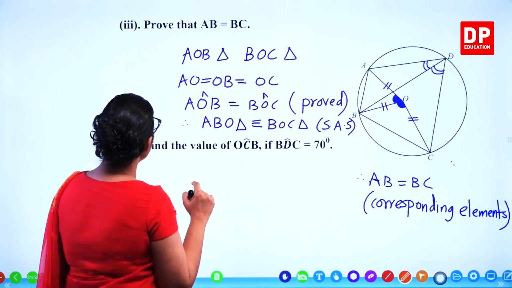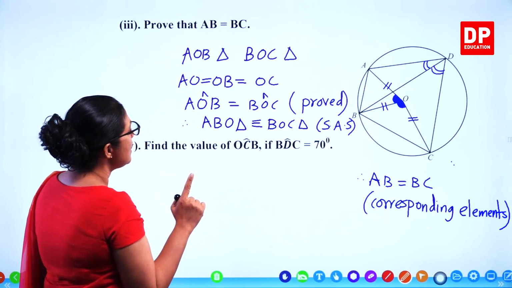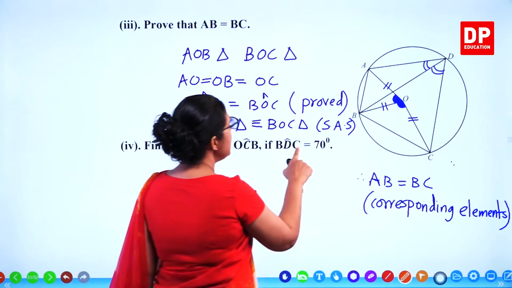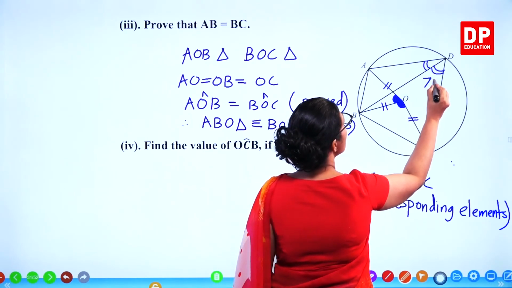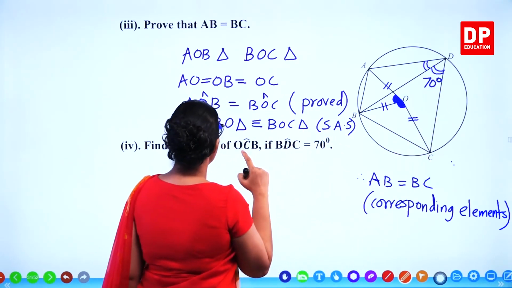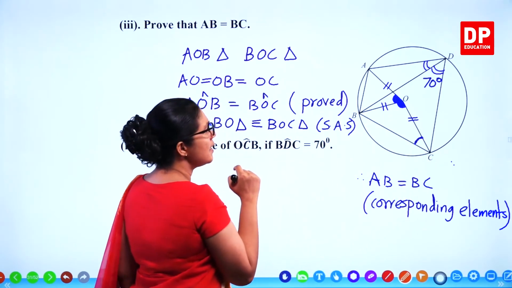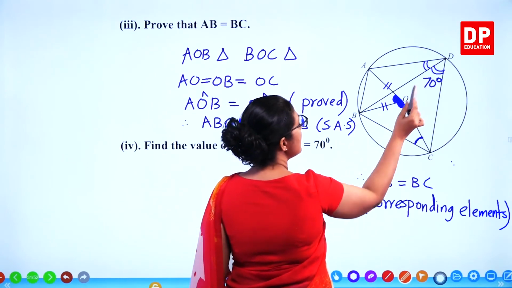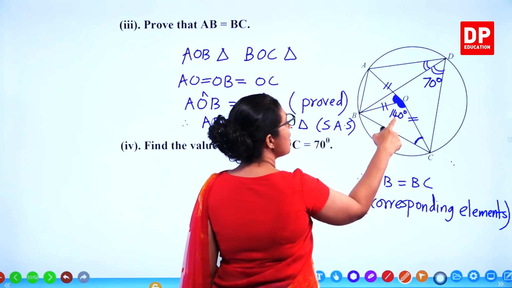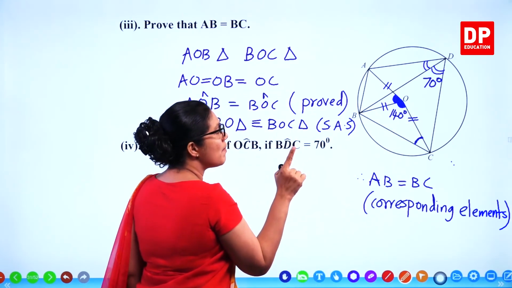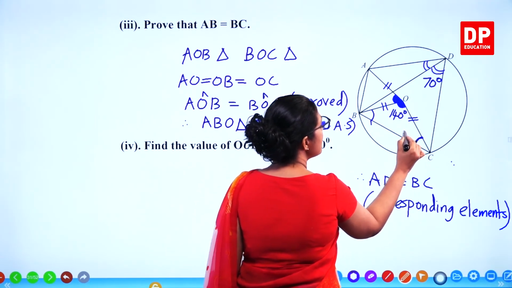Then the next part, find the value of OCB. If BDC is 70 degrees, we have to find out OCB, this angle. If this is 70, what is this angle? 140, double of that. If it's 140, these two are 180 minus 140, 40. So divide by 2, that's 20.